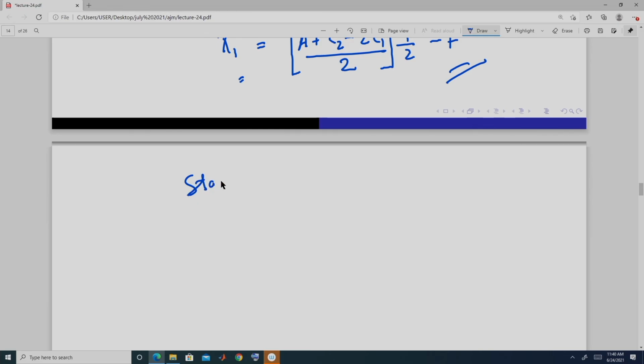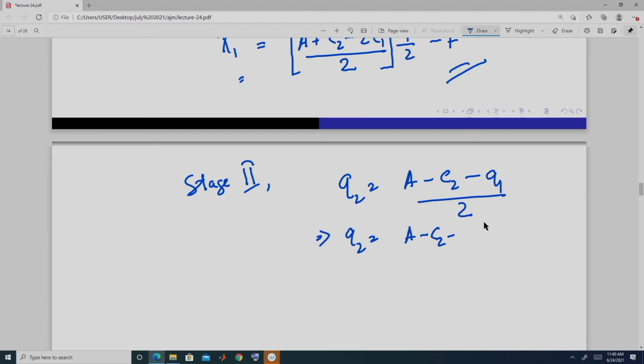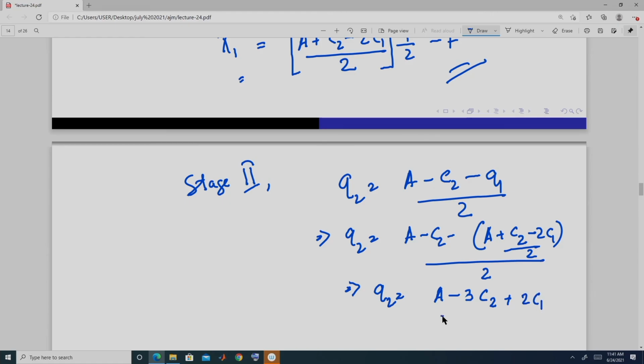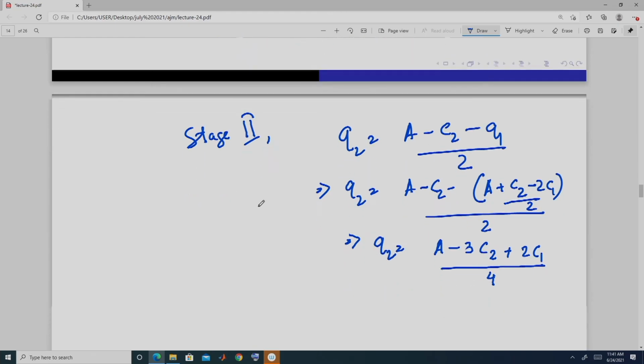So, in stage 2, what happens? Q2 is A minus C2 minus Q1, sorry, it is the Cournot reaction function, right. So, we get this, and so Q2 is this.